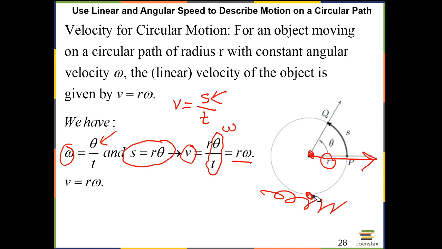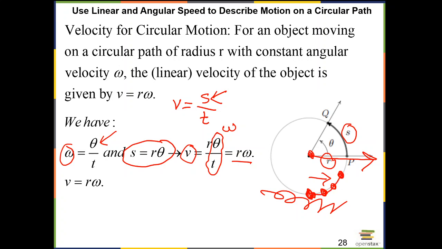Because the distance that this point touches on the ground is the same as the distance, s, right? So if the wheel goes that way, then if this point touches the ground, then this point touches the ground.